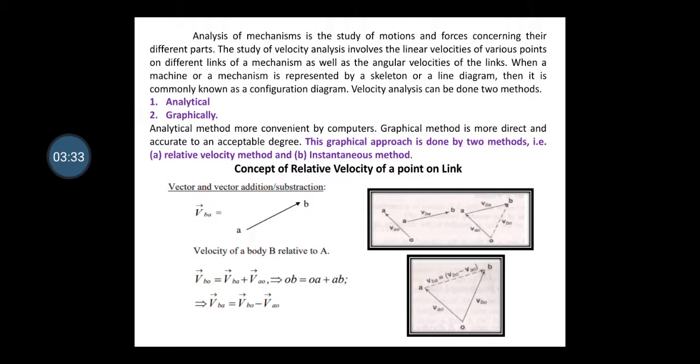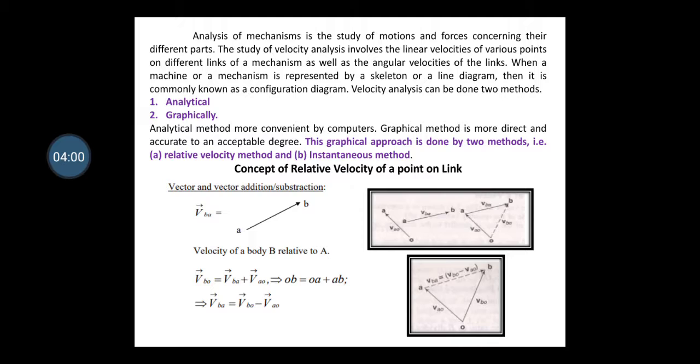The analytical method is convenient by computer, whereas the graphical method is more direct and accurate to an acceptable degree. The graphical approach is done by two methods, that is the relative velocity method and the instantaneous center method.